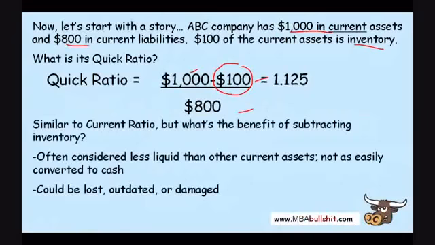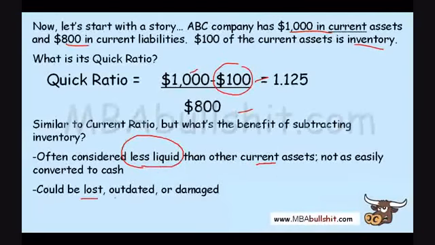Well, inventory is considered less liquid, or not as easily convertible to cash. Inventory is considered less liquid than other current assets. Why? Because it could be lost. A lot of inventory gets lost in the warehouse or stolen.